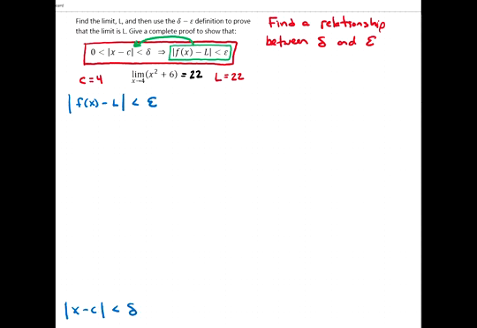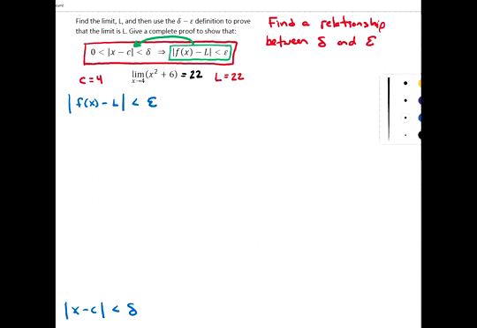What we need to do is fill in all of this. How are these two connected? So we want to change the left-hand side of the inequality into this x minus c. And within that process, we'll probably end up changing the right-hand side as well.